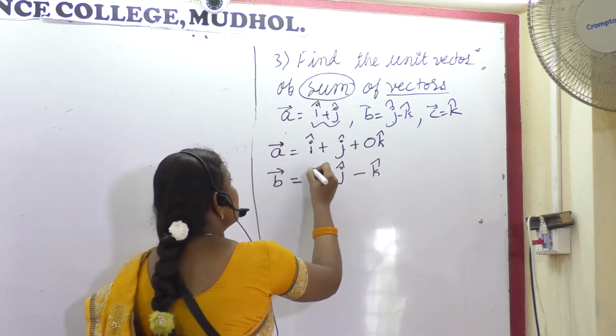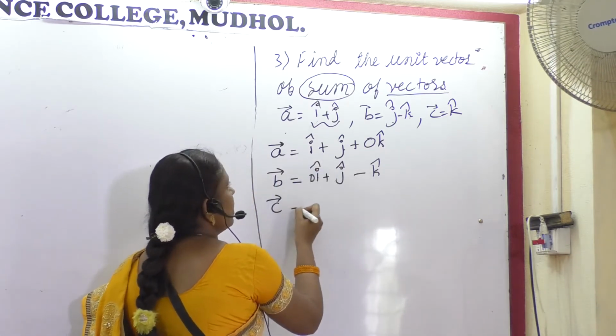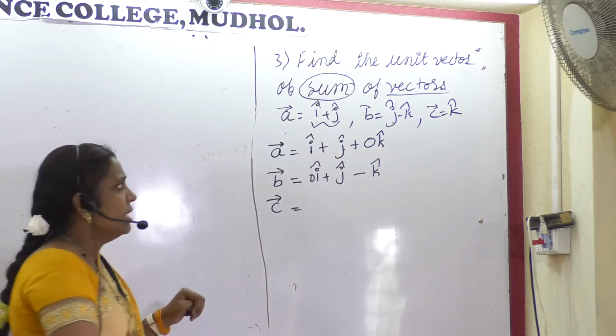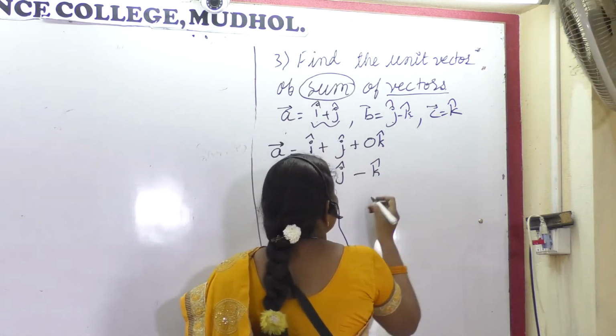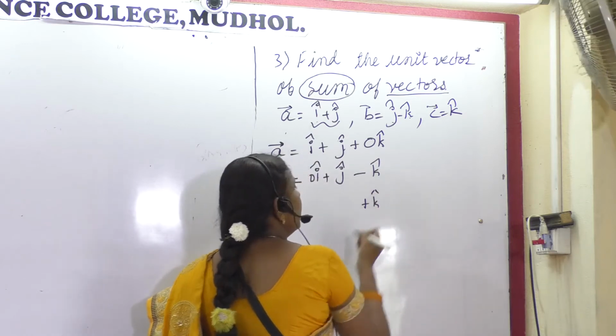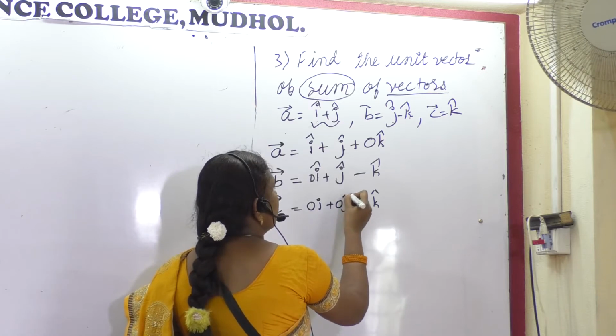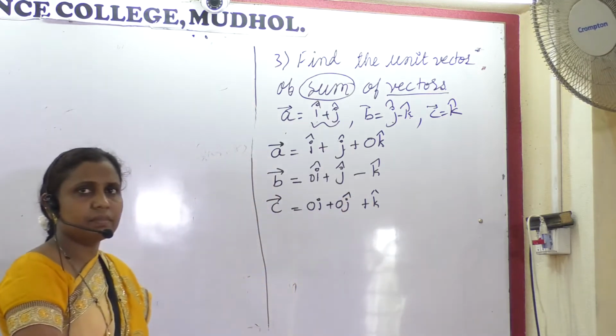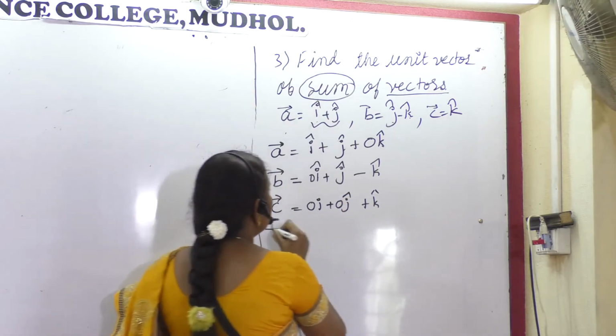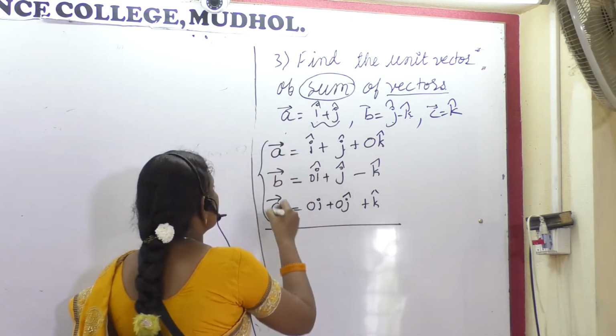Your choice, you can just go by direct simplification as well, no issues. C is equal to k, if you go by the pattern, it is only the k, i and j are not there. Then what to do? You have to add this.